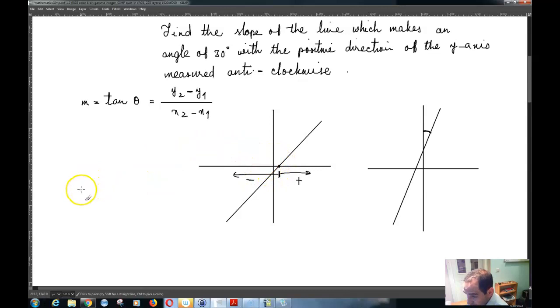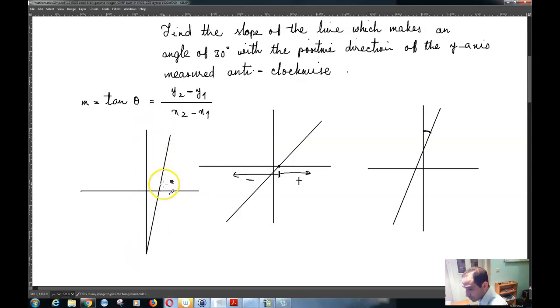Now, by the same logic, suppose your line goes somehow through the y-axis.